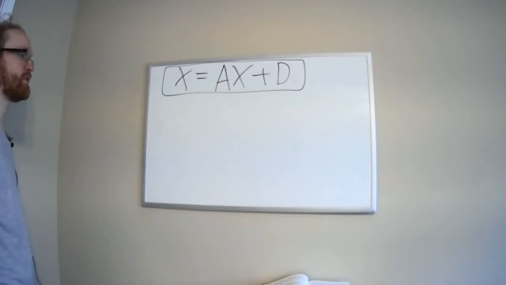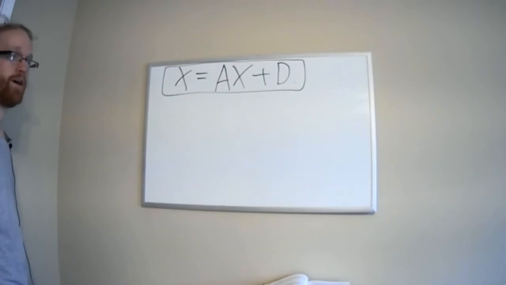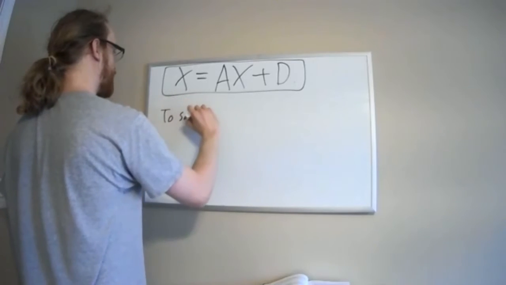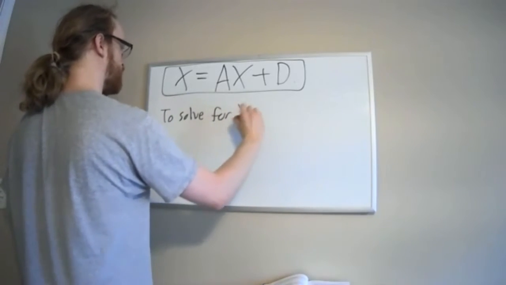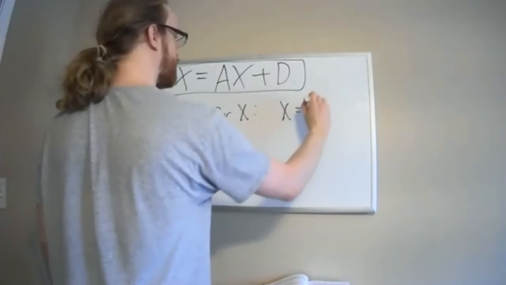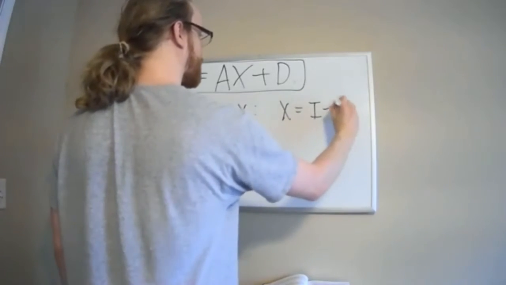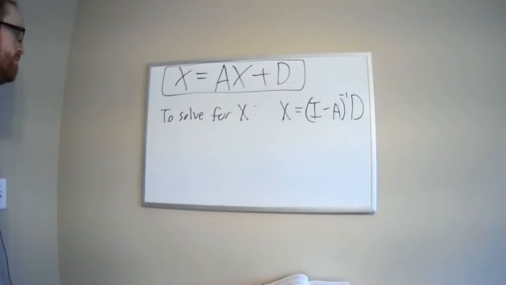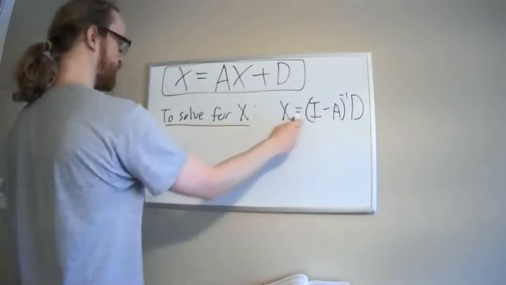It sort of represents the economy right here. And then if you have to solve for X, I already wrote down that formula. It was X equals (I minus A) inverse times D. So this is one formula you'll definitely want to know.